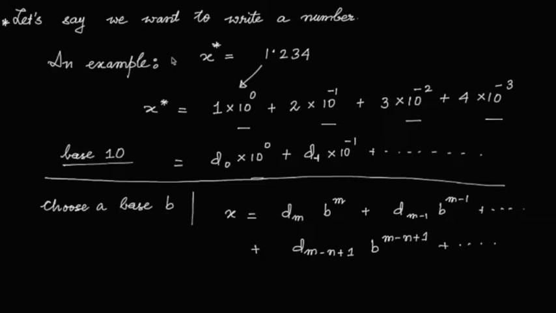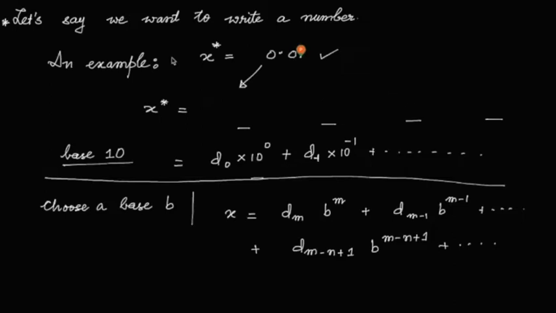Right? Now, let's say that instead of looking at this number, I was looking at a different number, and let me erase this out and write a different number here. Say the different number was 0.0123. Okay.